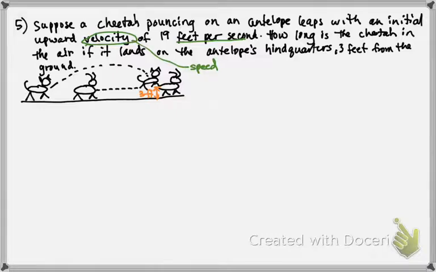So in the last problem, we saw the equation written for us. We're going to write it again. So I'm going to put it underneath here. The model of the height of a projectile. And the projectile in this case is the cheetah. In the last problem, it was the ball.